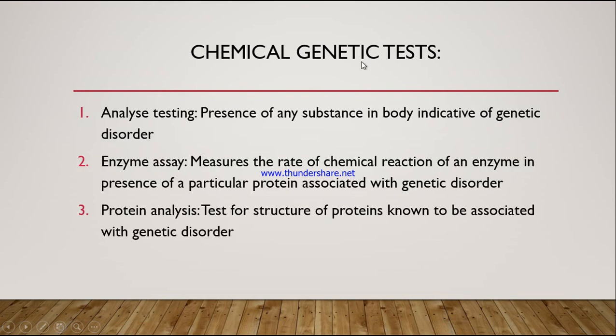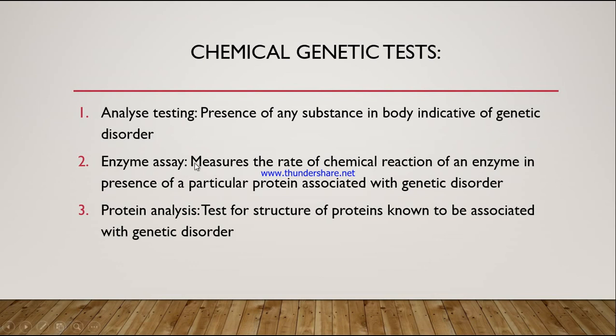Then last is the chemical genetic test, where we are using chemicals. First is analyte testing: the presence of any substance in the body indicative of a genetic disorder. This test will help us identify the presence of any substance in the body, and it can detect the genetic disorder.